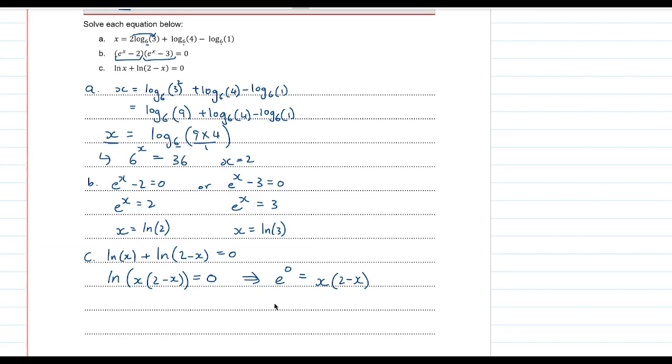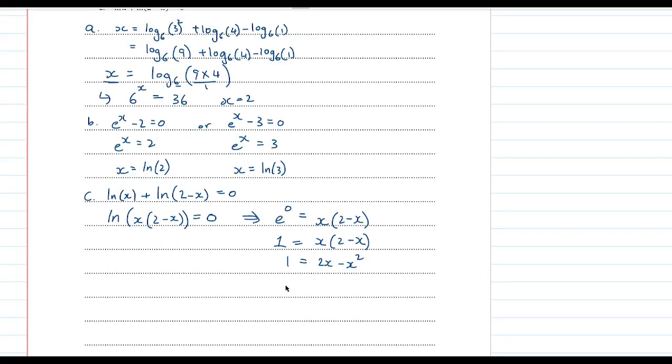So we know that anything to the power of 0 is 1. Now if we expand the brackets, we're going to get 2x minus x squared equals 1. Minusing 1 on both sides, we're going to get 0 equals negative x squared plus 2x minus 1. And if I multiply by negative 1, we're going to have x squared minus 2x plus 1 equals 0.